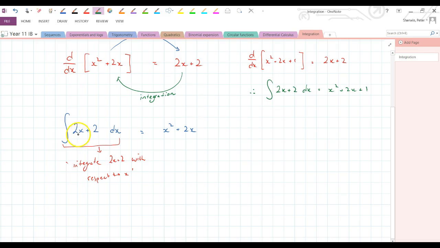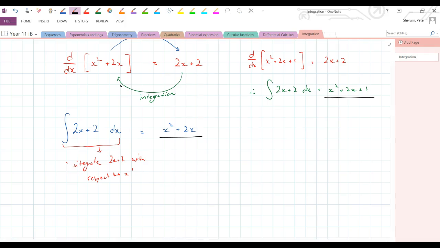But hang on a sec, over here we said the integral of 2x plus 2 dx was equal to x squared plus 2x. Which is right, x squared plus 2x or x squared plus 2x plus 1? Well, as you know, when you have a constant, upon differentiation it disappears. So when we have a function to integrate, we have to allow for the fact that in the function that was derived, there was a constant that disappeared.